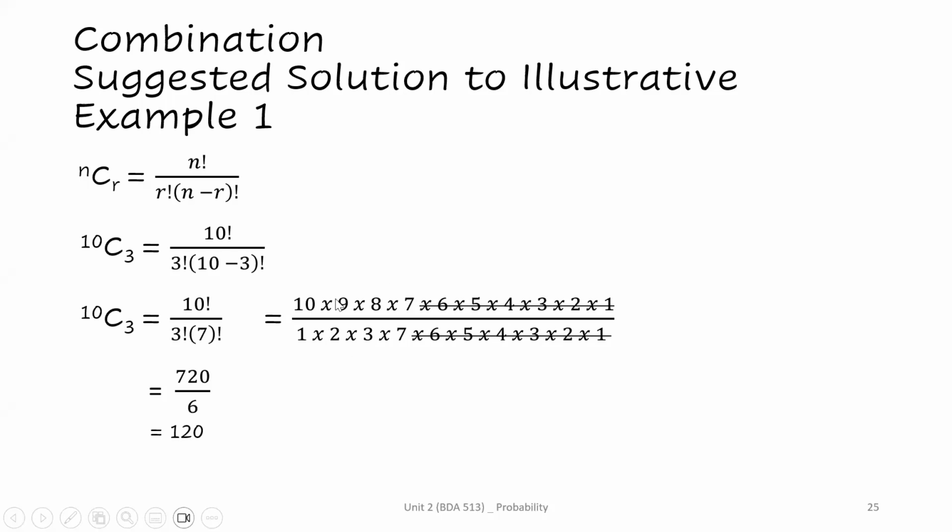We'll be left with 10 times 9 times 8 divided by 1 times 2 times 3, which is 6. So 720 over 6 gives us 120 ways by which we can combine 3 out of 10 toppings. This is how we will keep 120 records.